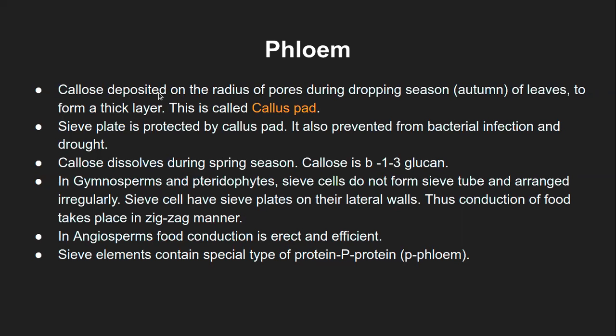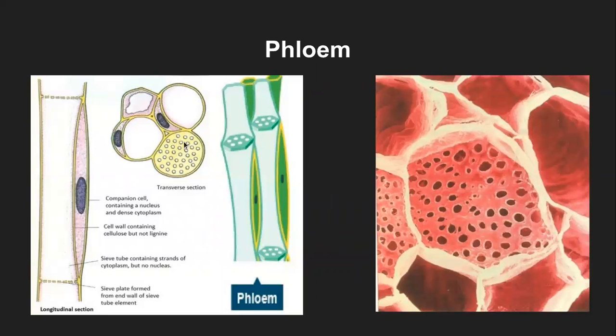So callose is deposited on the radius of the pores during the dropping season, that is during the autumn of the leaves, to form a thick layer, and this is what is called callose pad. Now what will happen is, this callose material will be deposited on this pore, and it will kind of block, but not completely block.